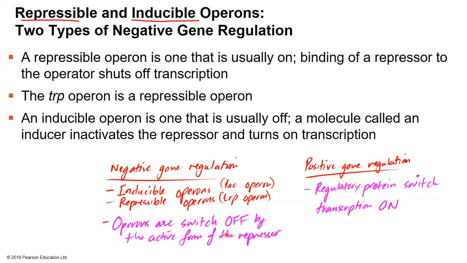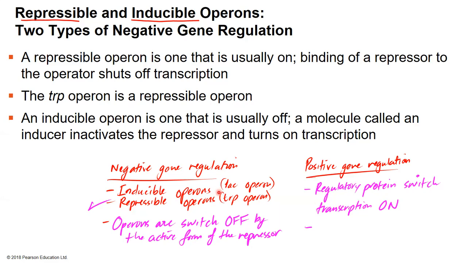Here, in negative regulation, a repressor switches the transcription of the operon off. So far we have discussed the trp operon as an example of a repressible operon operating in a negative gene regulation fashion.